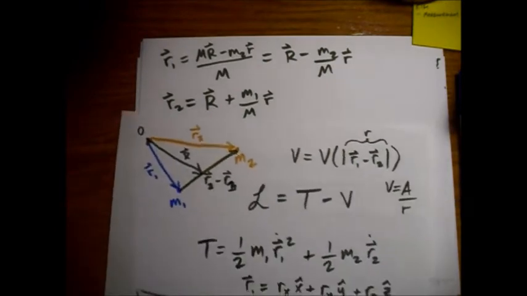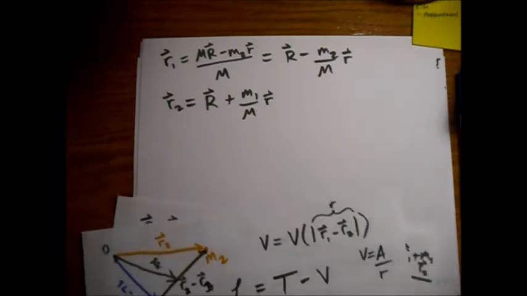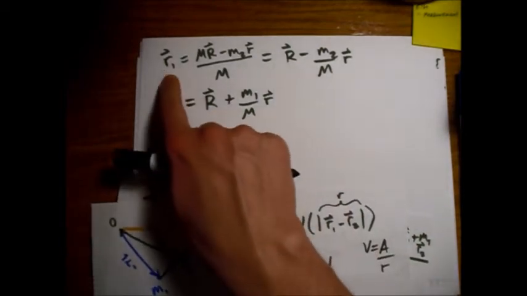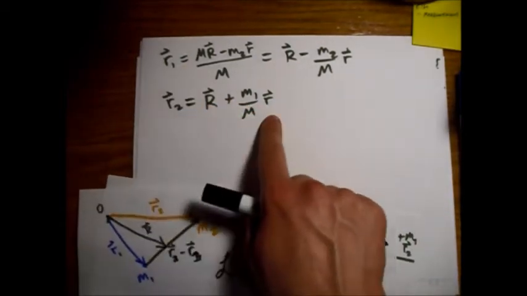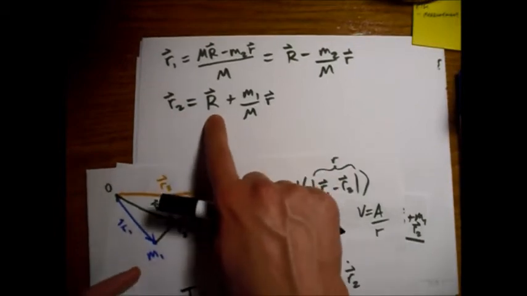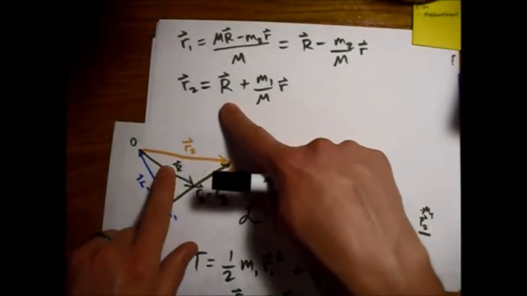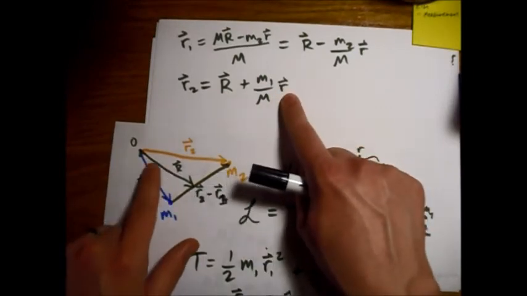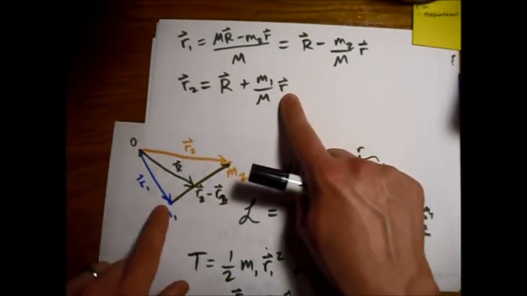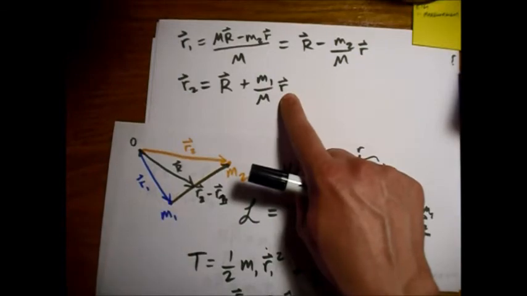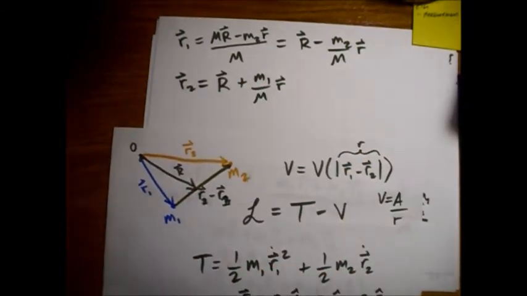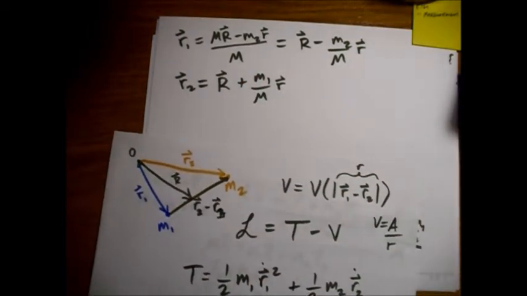Now that we have our equations for R1 and R2 in terms of the vector to the center of mass between the two, and the vector between the two masses, so the separation and the position of the center of mass.